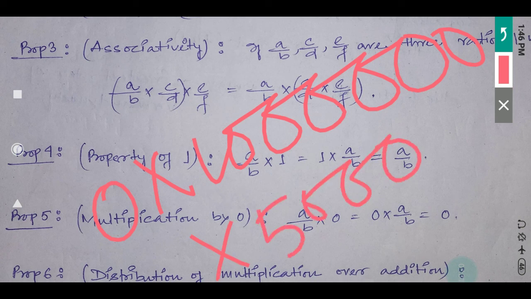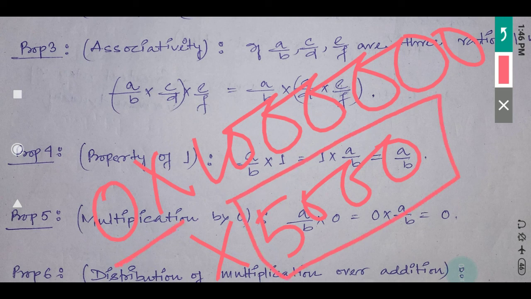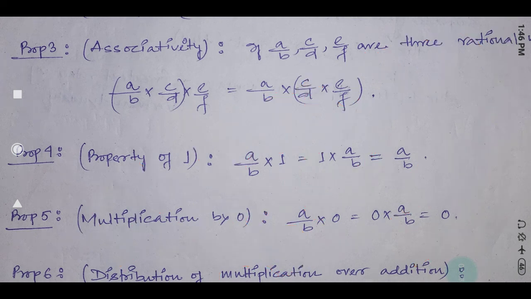These all are given. If 0 is there, after that whatever is there, you forget about this. If 0 is there in the multiplication, it will always be 0 only, in any order. In between you have written 0 or at last you have written 0, it doesn't matter. But if you multiply 0 with any number, any rational number, it will always give you 0.